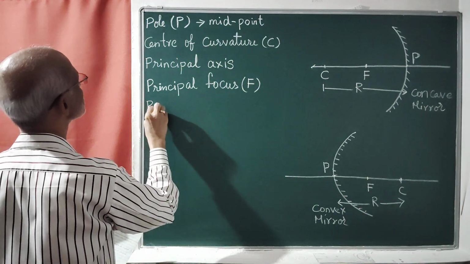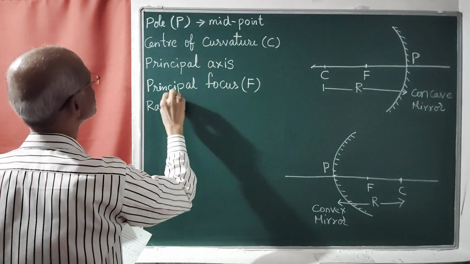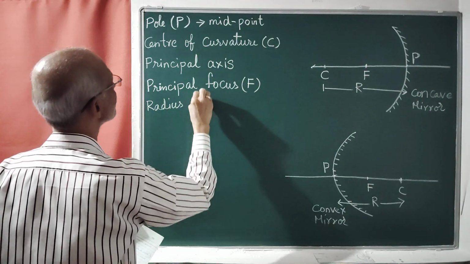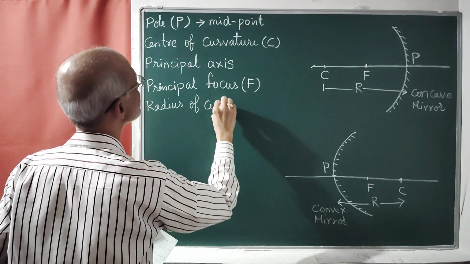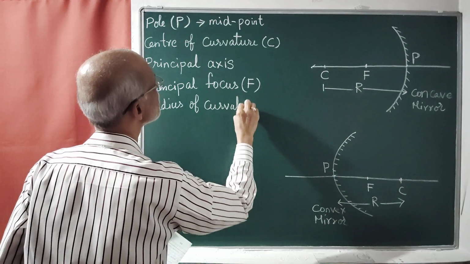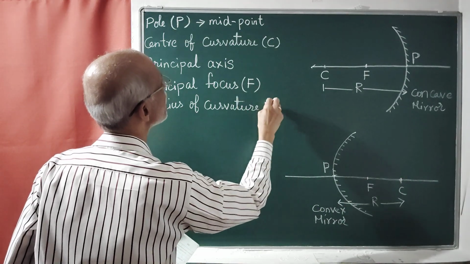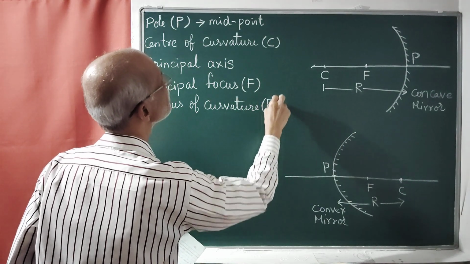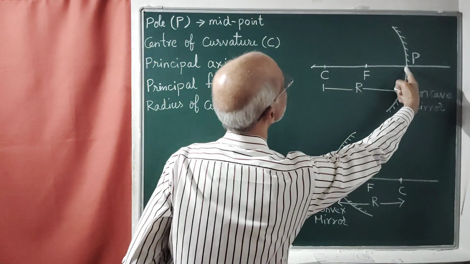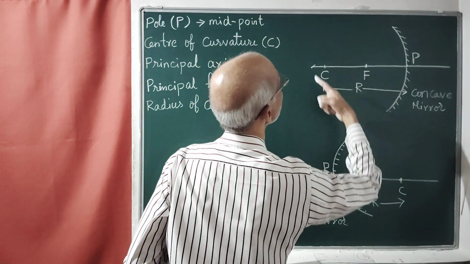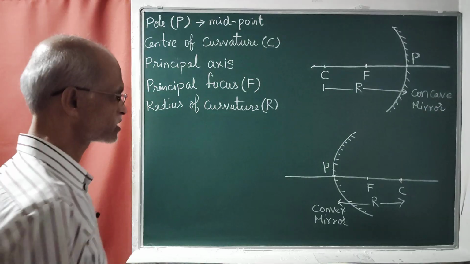From P to C is called R. That is the radius of curvature.